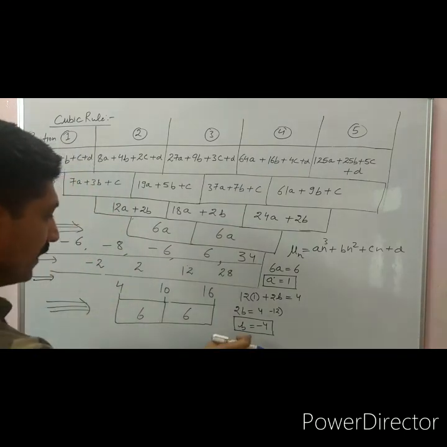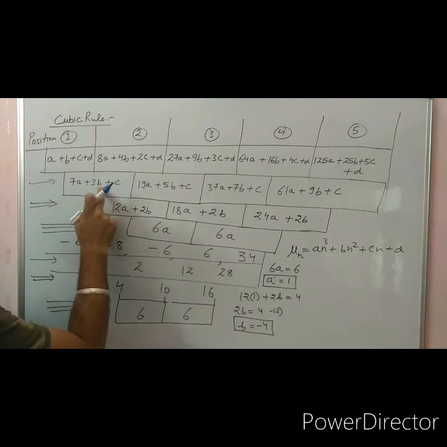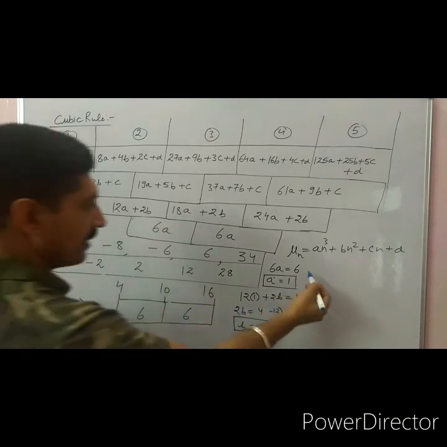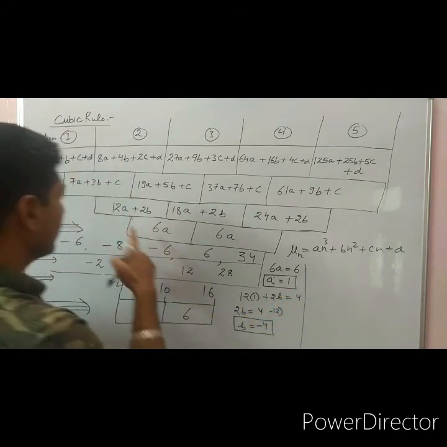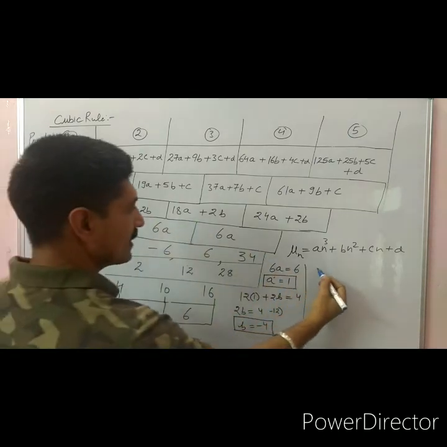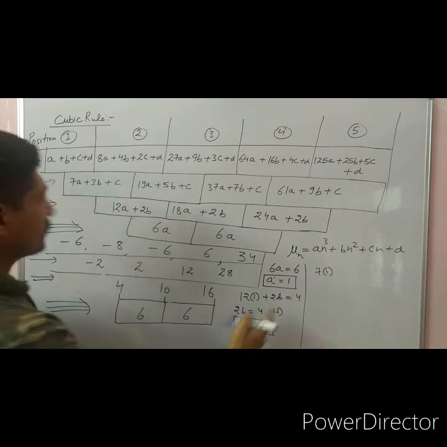Next we have 7a plus 3b plus c is equal to minus 2. So we can substitute the values here: a is 1, b is minus 4.